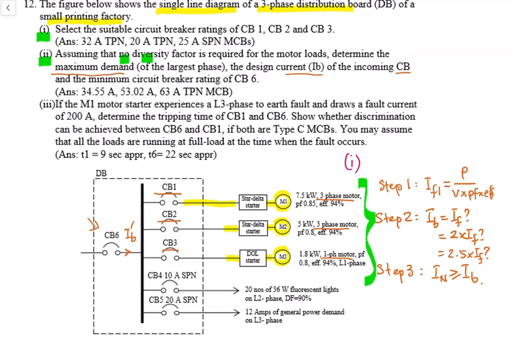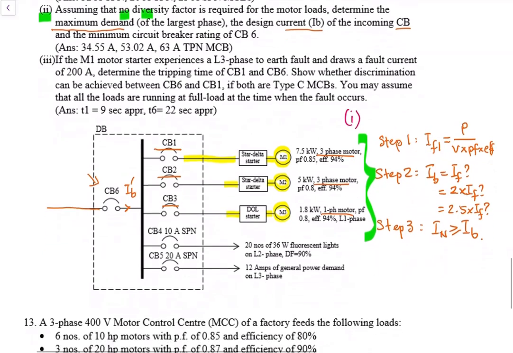So as you can see from this single line, this circuit here is a sub-main circuit. So the calculation is slightly different from part 1. Part 1 is quite straightforward. The first thing I need to do is a load balancing, as there are 3-phase loads and single phase loads from these 5 circuits.